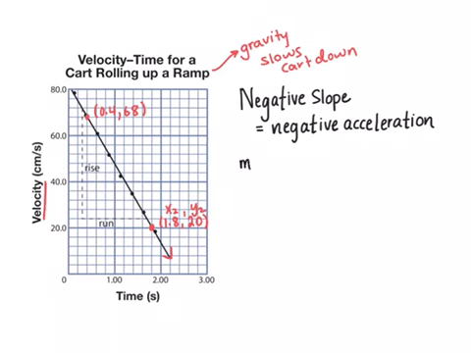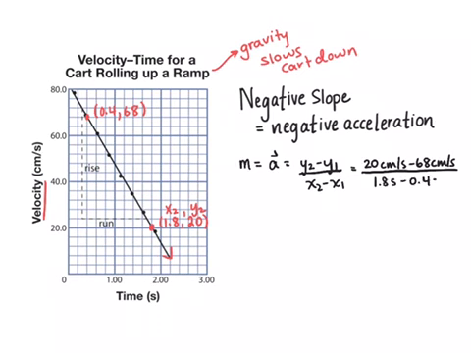So slope is equal to our acceleration in this case, which is going to equal y2 minus y1 over x2 minus x1. So we have 20 centimeters per second minus 68 centimeters per second. So our velocity change is negative over 1.8 seconds minus 0.4 seconds, but our time change is positive.